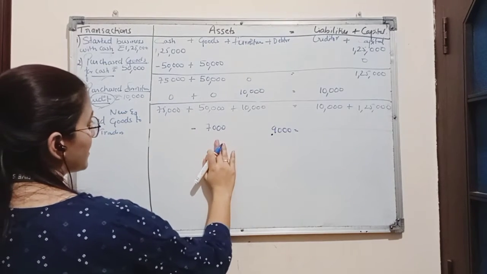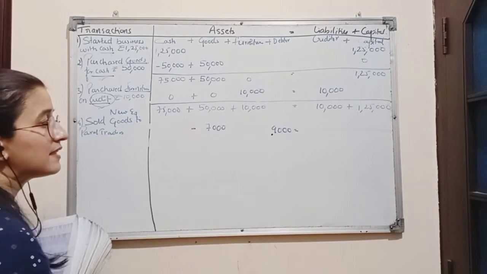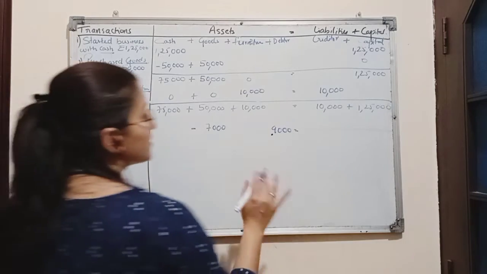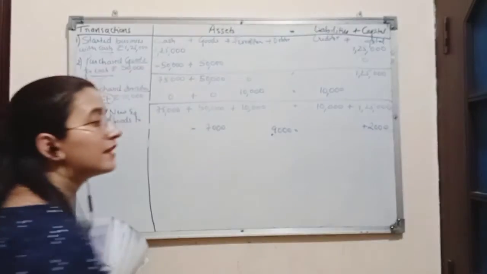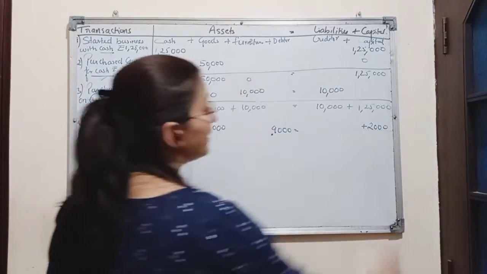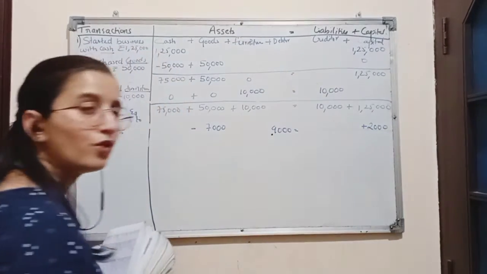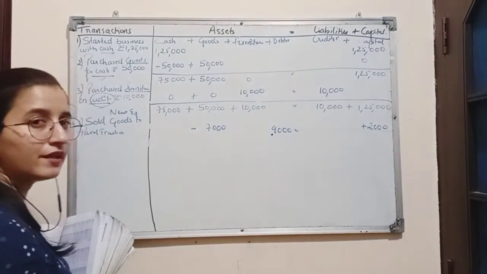So in this transaction, there is a profit as goods were costing 7,000 and it is being sold for 9,000. There is a profit of 2,000 which we will add in capital amount, because with this capital amount, profit earned by the firm is also returned to the owner of the firm. So 2,000 profit is a liability for the firm.